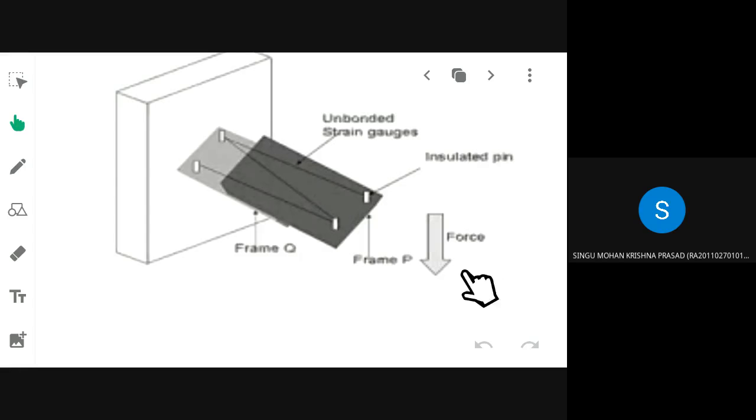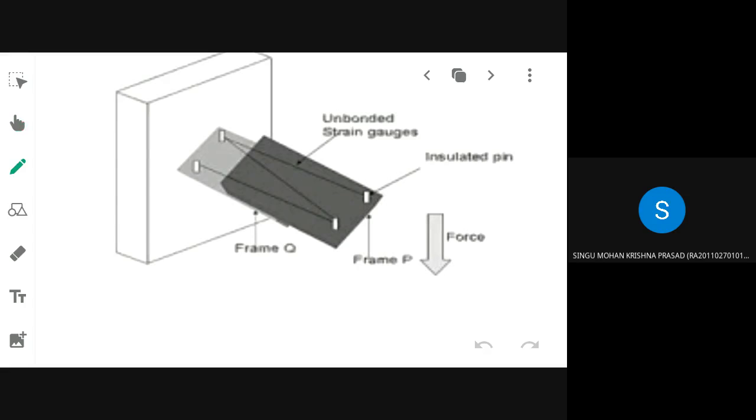So when you apply force to these two mobile frames which slide against each other, on the top you have four insulated pins, and between these pins you are connecting what here? What is that?